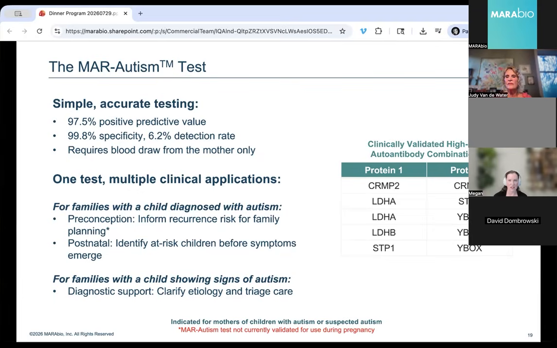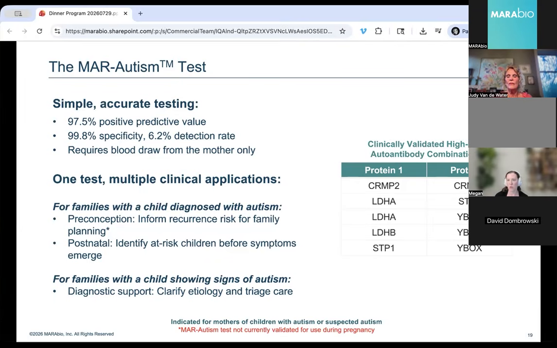If you recall from Judy's slides, there's a number of different combinations that you identify in different populations, some of which have higher risk associated with autism, or what Judy showed, higher odds ratio. And so what we identified was a similar clustering of very high-risk autoantibody combinations. And those combinations that are included in our clinically validated test are located there on the right.